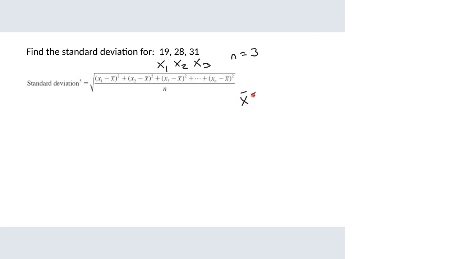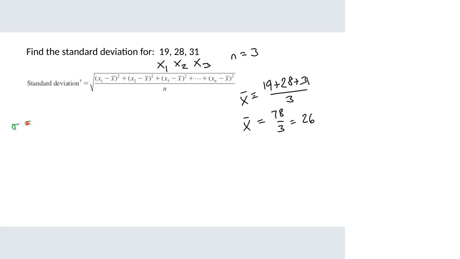So our mean here is going to be 19 plus 28 plus 31 over 3. There we go. 78 over 3, which is 26. So our mean's 26. Now we have everything we need to plug in to find our standard deviation.